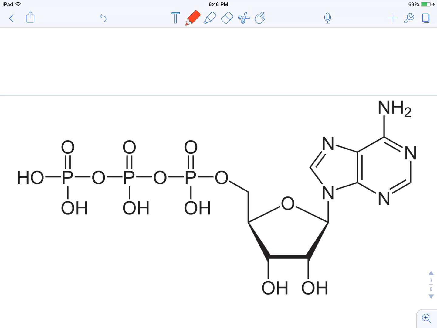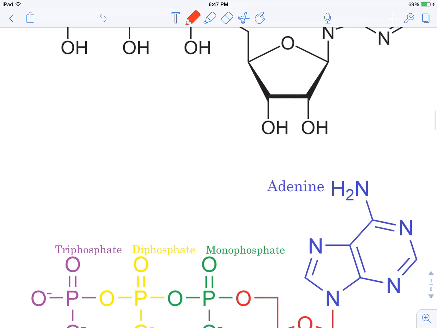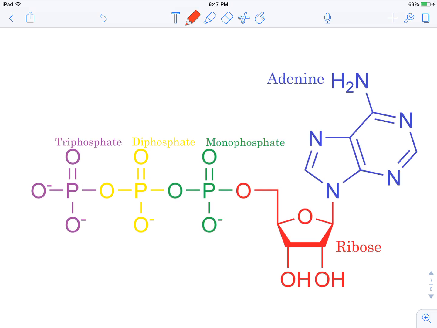So here is a diagram of ATP. When we look at ATP, we see that there are subgroups within it, functional groups or sections. So to make this a little bit more easy for us to look at, I have a colored version that's labeled. We have 3 subgroups. One of the subgroups has 3 sections to it, but let's go through this slowly.